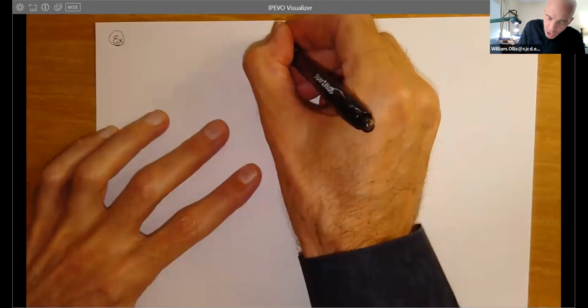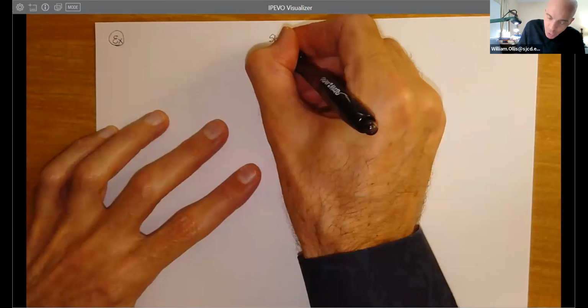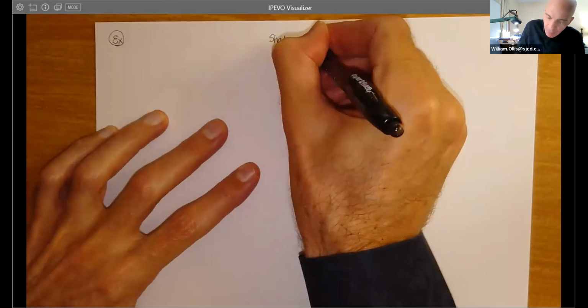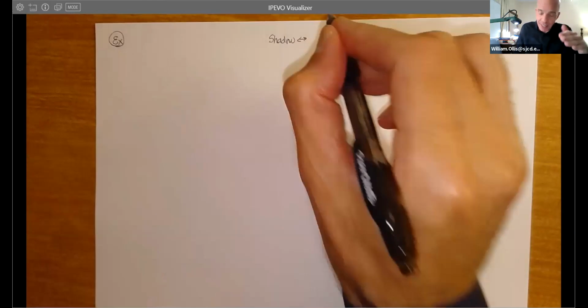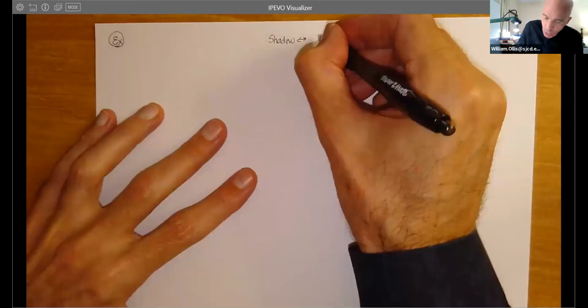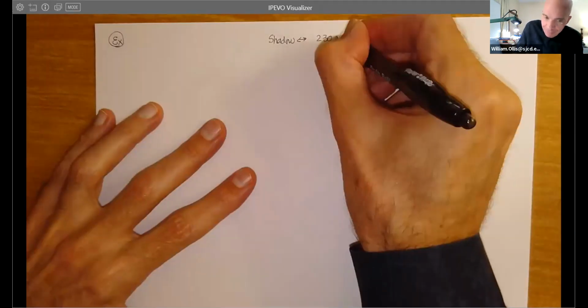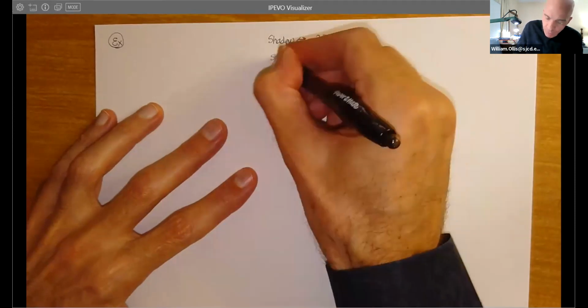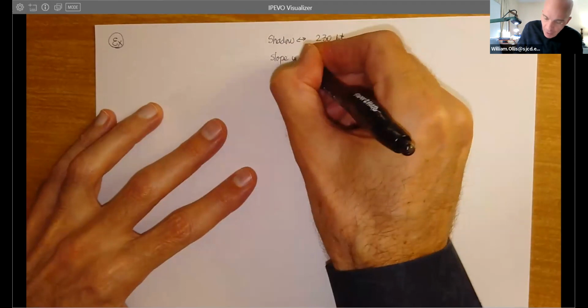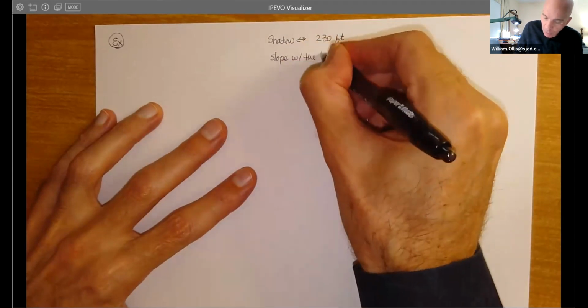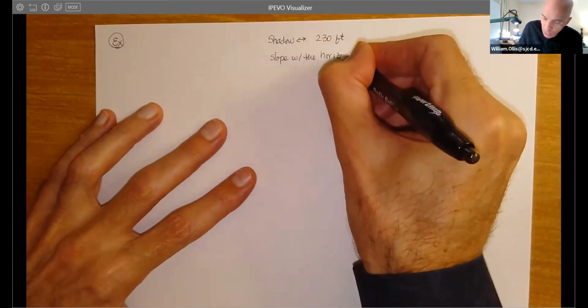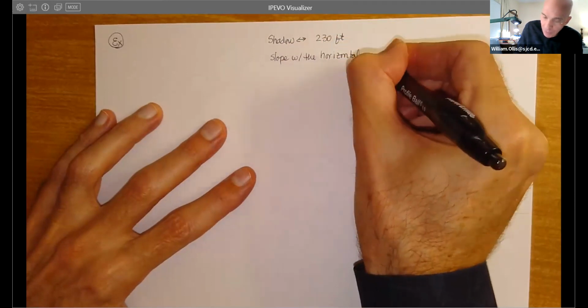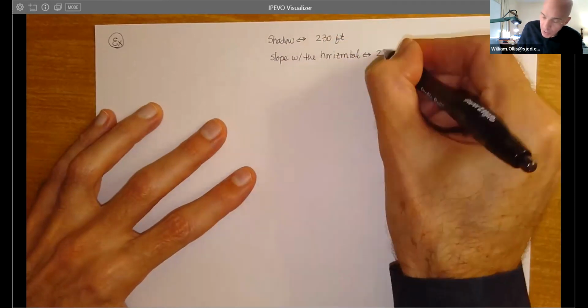So we're going to have a shadow that a tree casts. The sun is shining on the tree and it's going to cast a shadow of 230 feet. And then the slope with the horizontal, I'll draw the picture, will be 26 degrees.